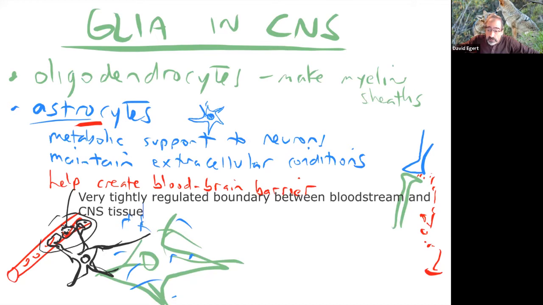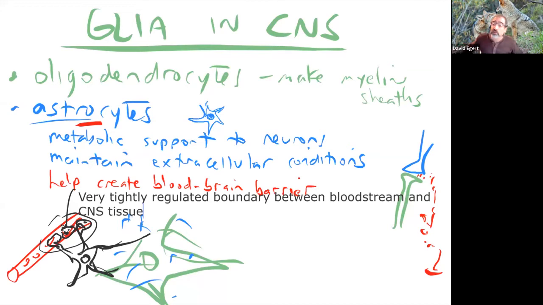We have a really highly regulated boundary there and very special membrane proteins that only allow really specific things to move in or out of the bloodstream. Because if you just have random stuff getting into the neural tissue, it's likely to cause problems.